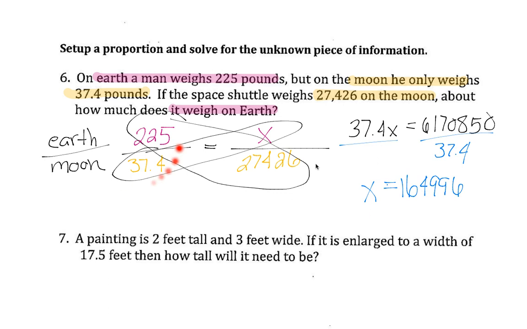Also, this whole fraction represents the man. This whole fraction represents the space shuttle. So we can make sense of why these numbers are both in this fraction and why these numbers are both in the numerator. There's 4 different ways you can set up that proportion, as long as it makes sense with why the numbers are in the same fraction and why the numbers are in the numerators and denominators.